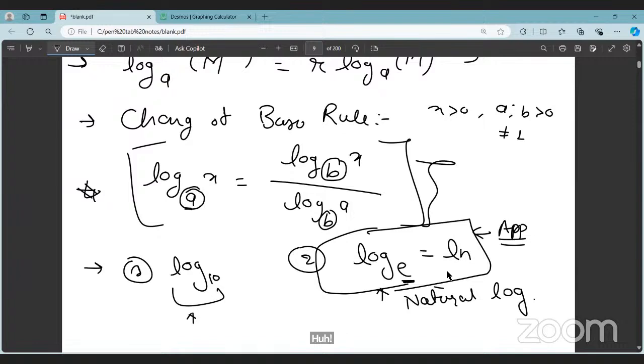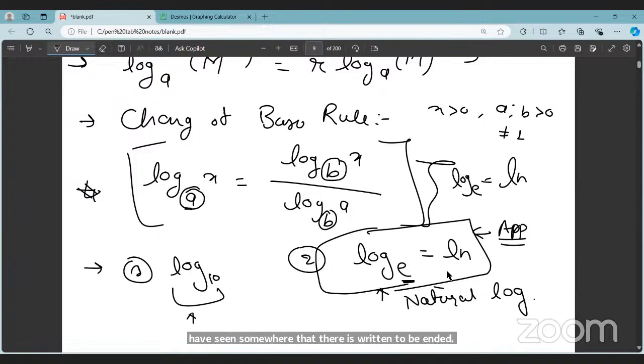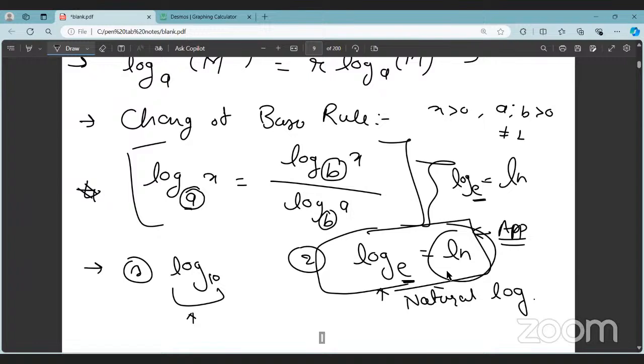You have seen somewhere that it is written as ln, but ln actually denotes that the log base is e. In this course, sometimes they explicitly say whether the logarithm base is e or 10, but in general ln refers to the logarithm with base e.